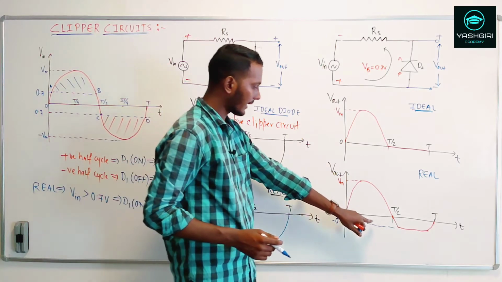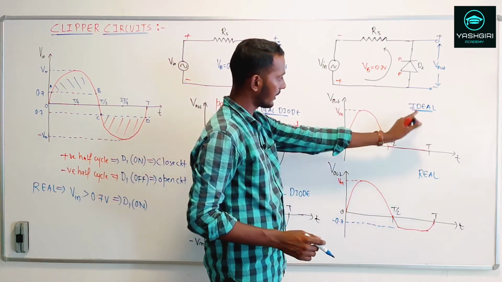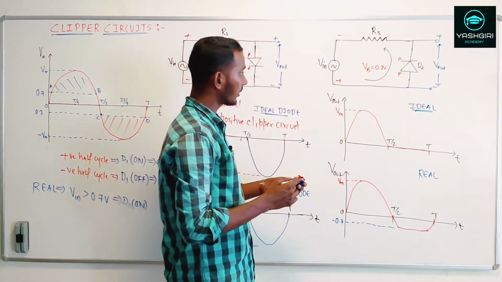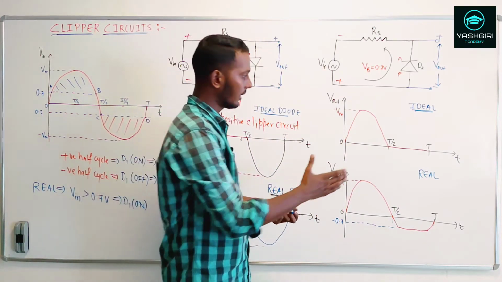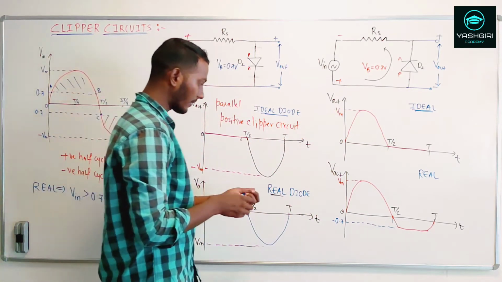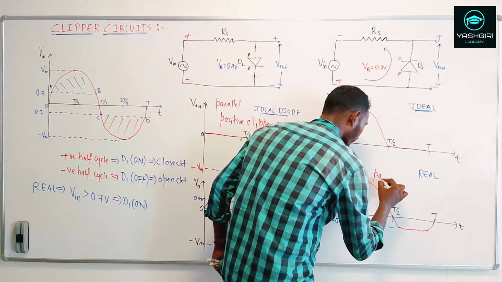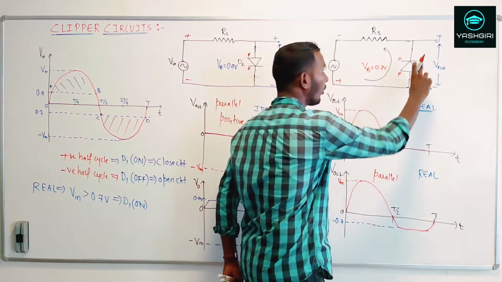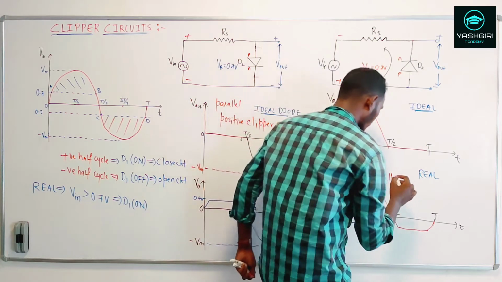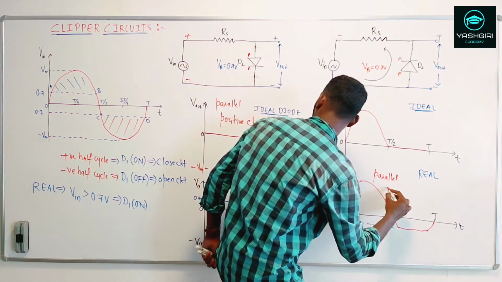Now, if you see this again, there is just a difference of 0.7 volt if you compare the real with the ideal. Now, such a circuit, the one which clips the negative half cycle of the AC signals, we call a parallel negative clipper circuit, because we are measuring the output parallel to this diode.